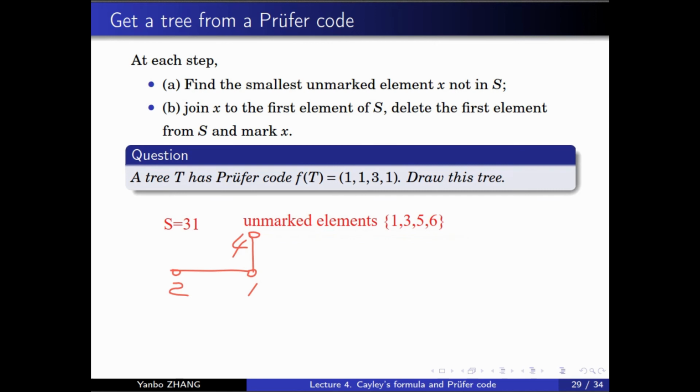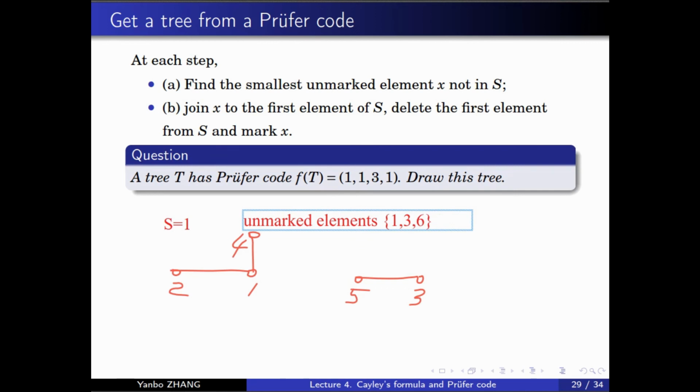Now the smallest unmarked element, which is not in S, is 5. So we join 5 to the first element of S. So we join 5 to 3. And we delete 3 from S and mark 5.